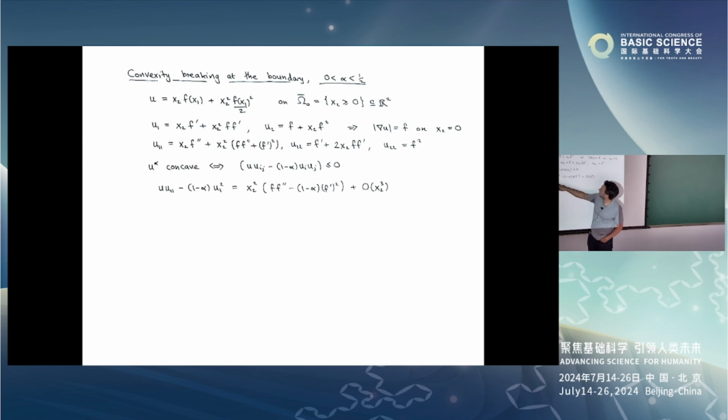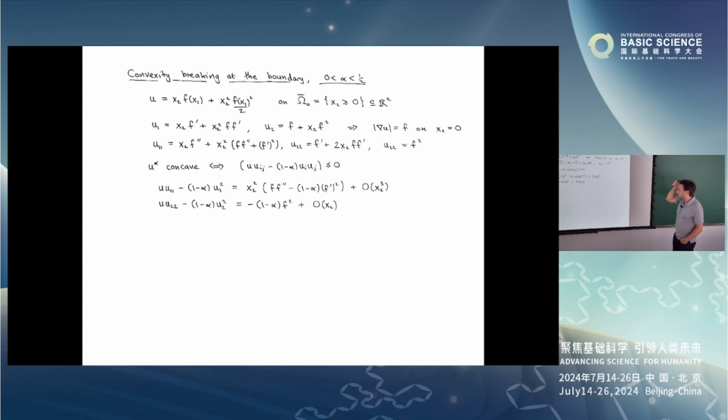And so when I compute u11, the lowest order term is just f double prime, this. And then from the u1 squared, you just get this f prime squared. And then when you do the same with the u22, you see that the u22 gives you something which is of order of x2, but the u2 squared will give you an f squared.